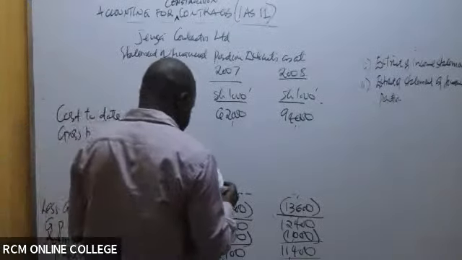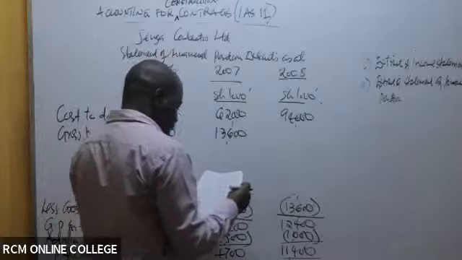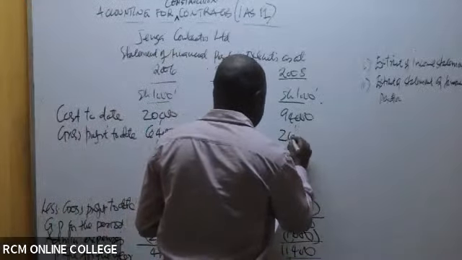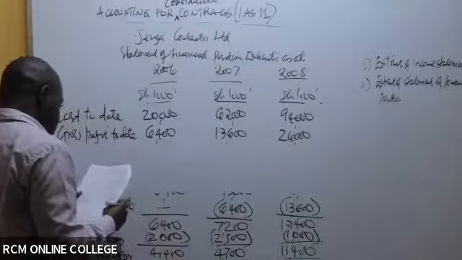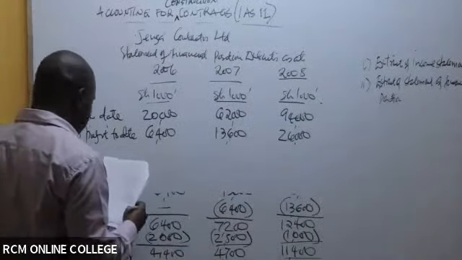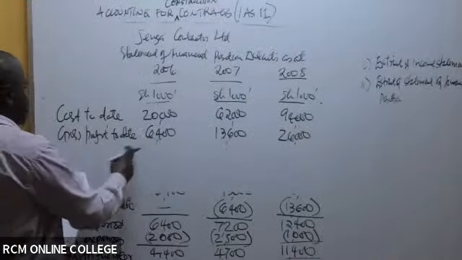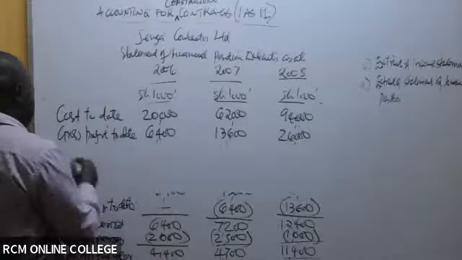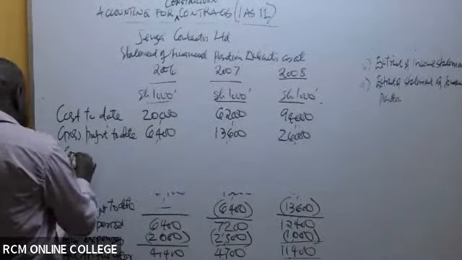Second year, it was actually 13.6 million. And in the final year, it was 26 million. So then in this case, you add the gross profit to debt, then you less the cash received to debt.